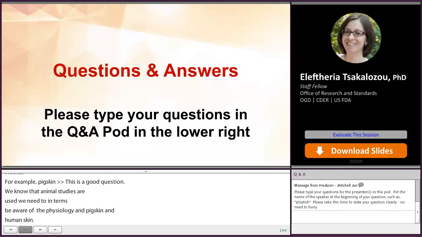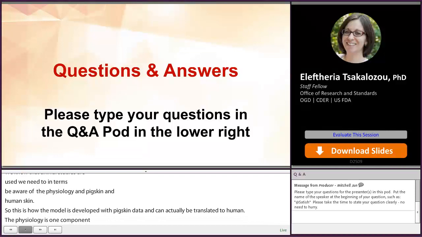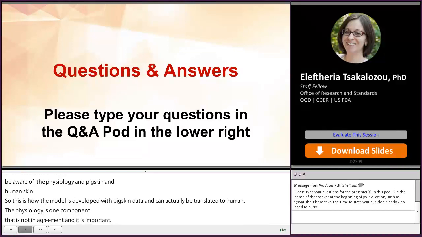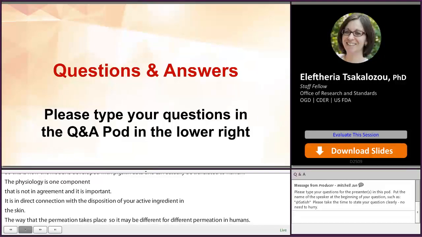So the physiology is one component that is not in agreement, and it is in direct connection with the disposition of your active ingredient in the skin. So the way the permeation takes place for an active ingredient within the skin of a pig may be different from skin permeation in humans. So these are considerations when developing a model and when using animal studies towards product development.